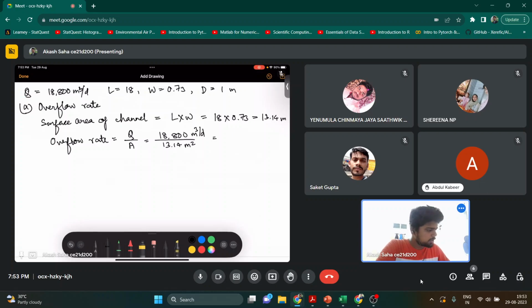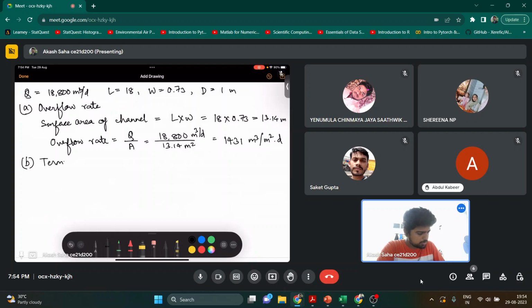So it will be 1431 meter cube per meter square per day. Right? So pretty simple. For overflow rate, we have to divide the discharge by the plan area, and my plan area will be L into W. Okay.